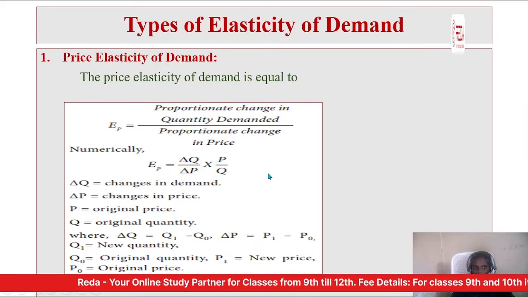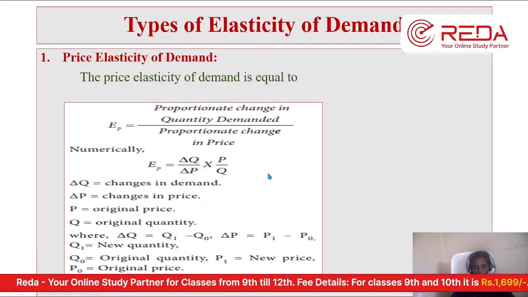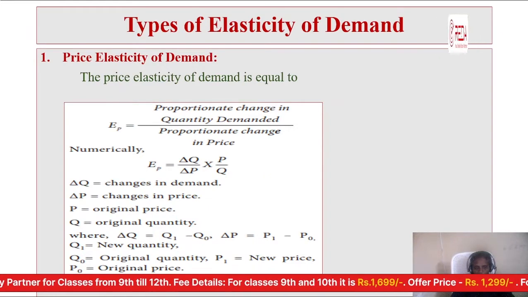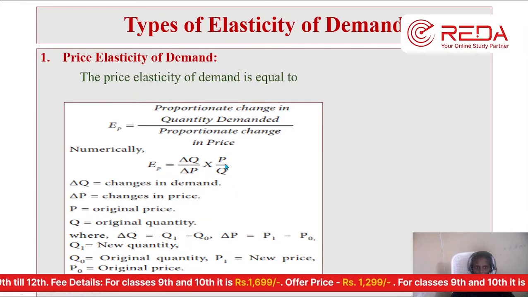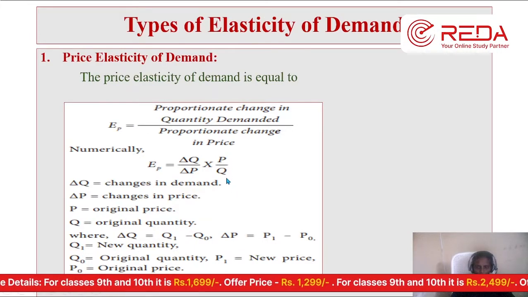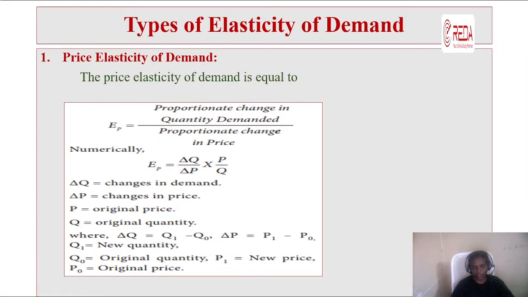Here delta Q is nothing but the change in demand. Delta P is the change in price. P and Q are the original price and quantity demanded for a particular commodity, and this is the proportionate change.